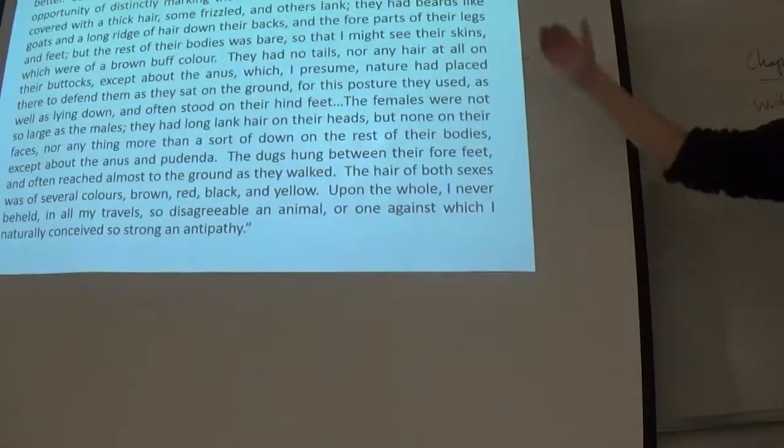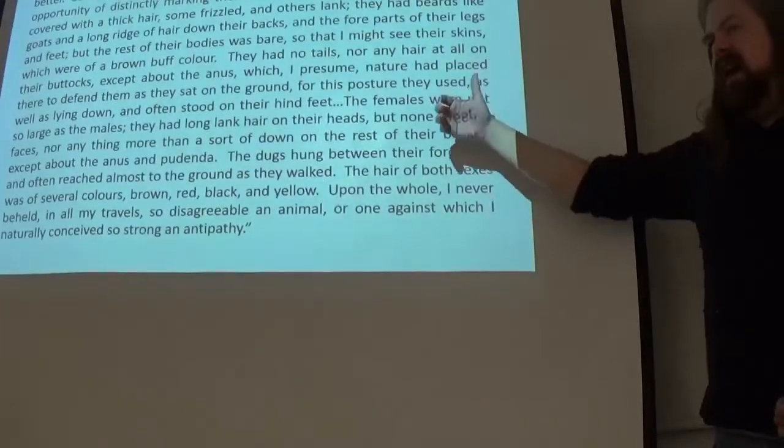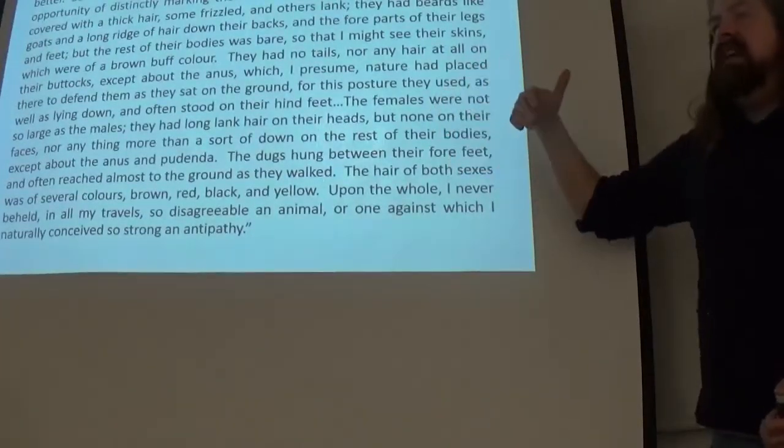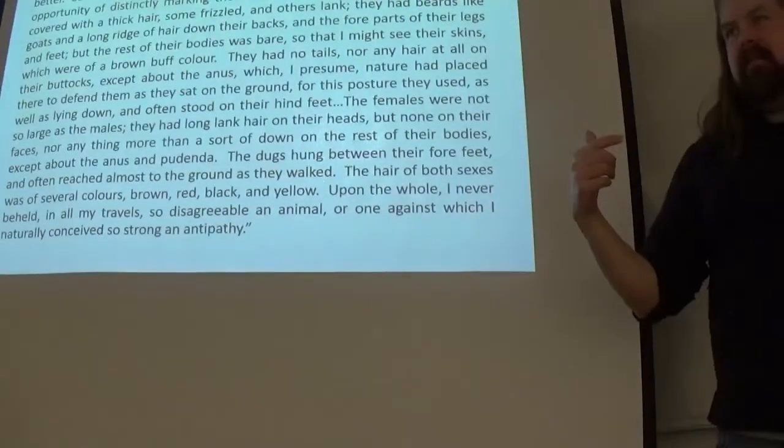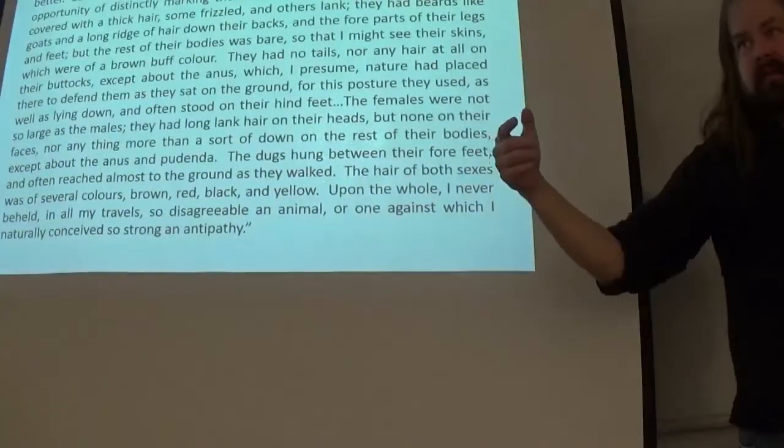We've already seen, he doesn't like these creatures. He doesn't want us to like these creatures. But by the end of this segment of the novel, he's been attacked by a Yahoo female, right? The Yahoos clearly recognize him as one of them.